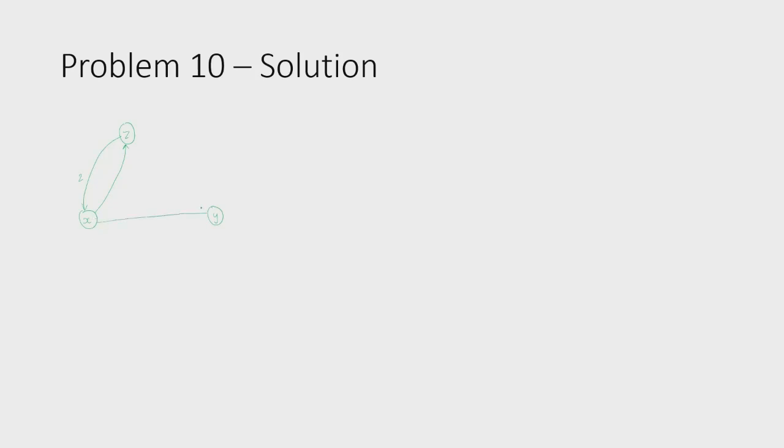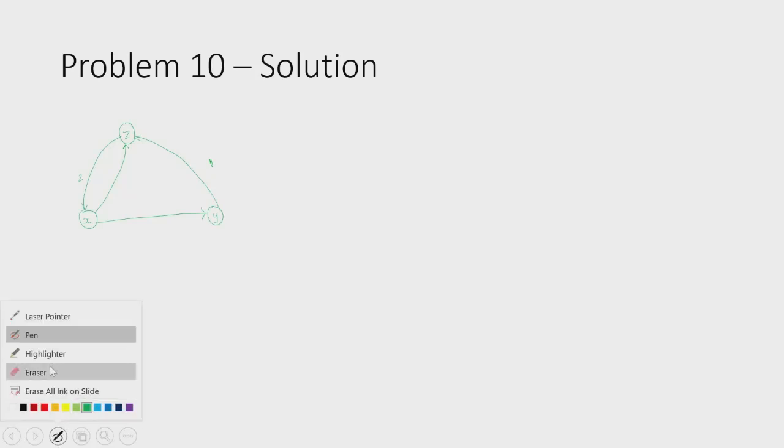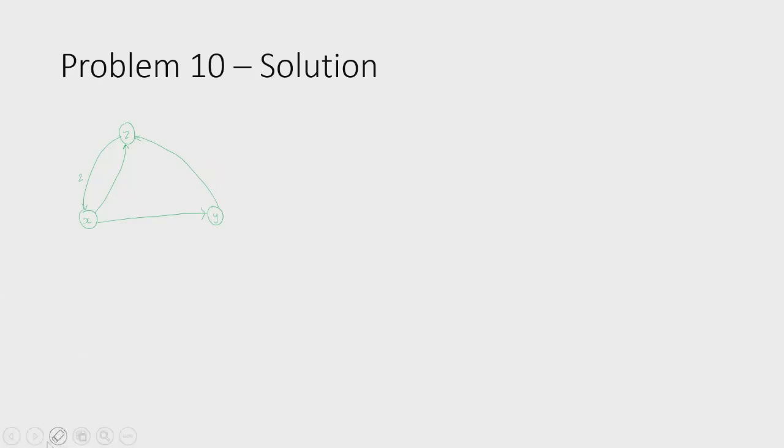this edge has weight 1 because it's not marked. This edge has weight 1 because it's not marked. And this edge has weight 2.